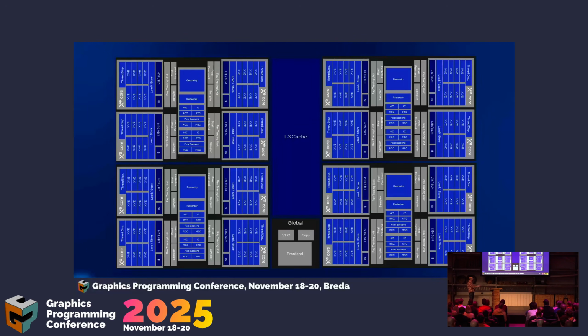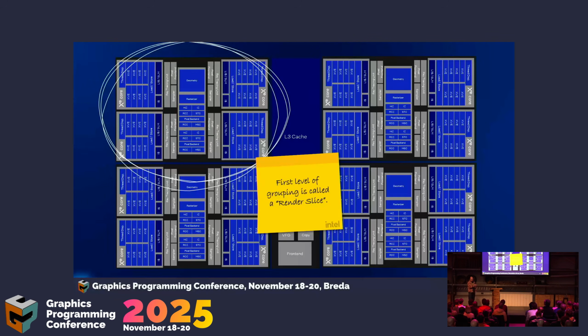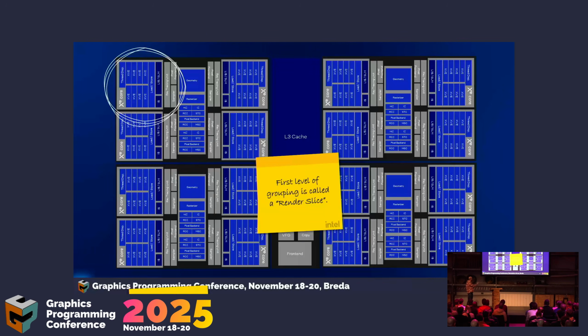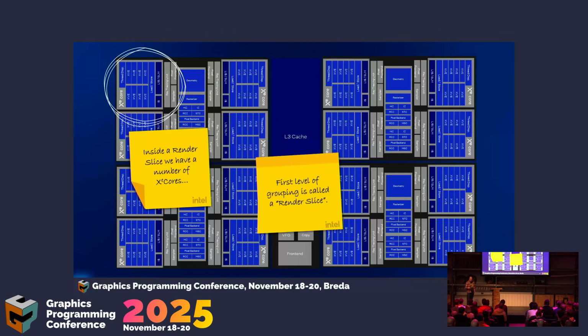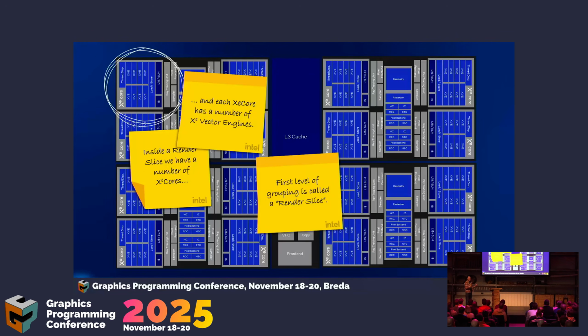These are our render slices, and each contains a number of XE cores, which are these here. Inside the XE cores, we have a number of XE vector engines, or XVEs, and these are the things that are running the code. Additionally, we've got caches, ray tracing, and other fixed function blocks which comprise the GPU.